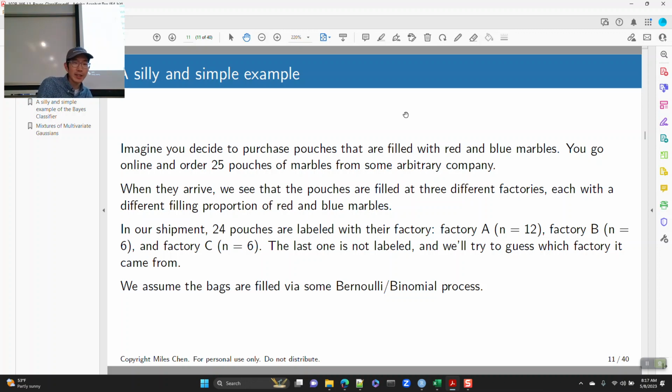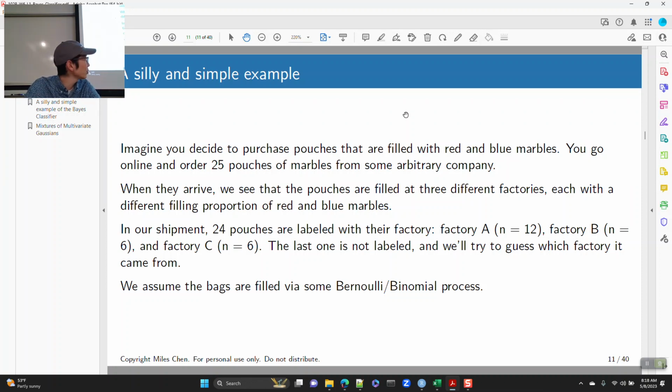The bags are filled at 3 different factories, and each factory has slightly different red and blue mixing proportions. So we get 25 pouches, and 24 of them are labeled. Half of them came from factory A, a quarter from factory B, and a quarter from factory C. So 12 from factory A, 6 from B, and 6 from C. The last one's not labeled, and we're going to try to guess what factory it came from.